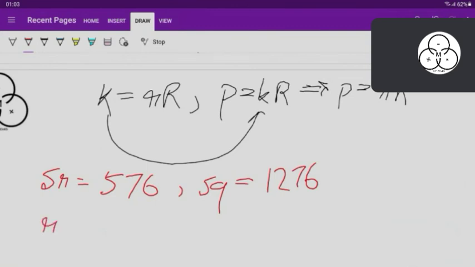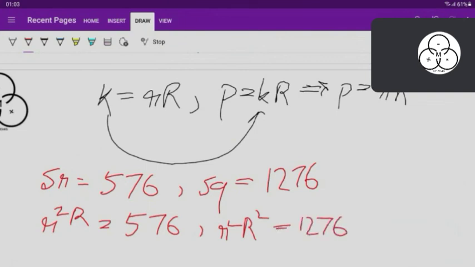This will be R K r, which is R square r, equals 576. SQ is R square r square equals 1296.